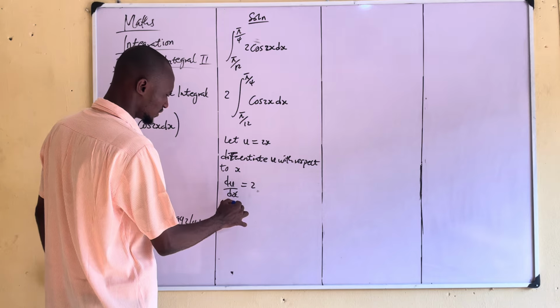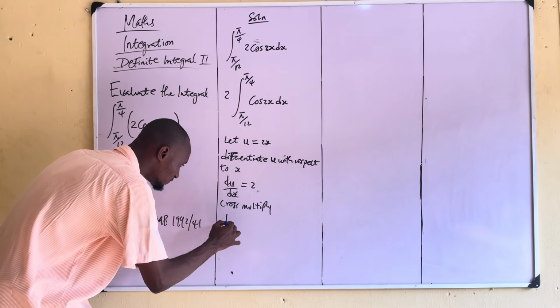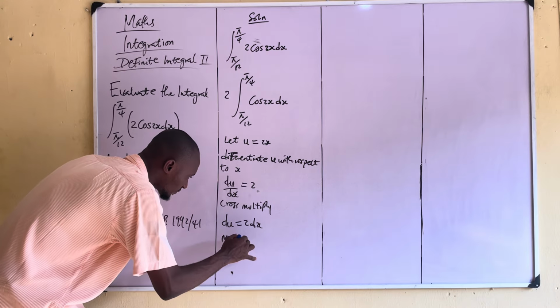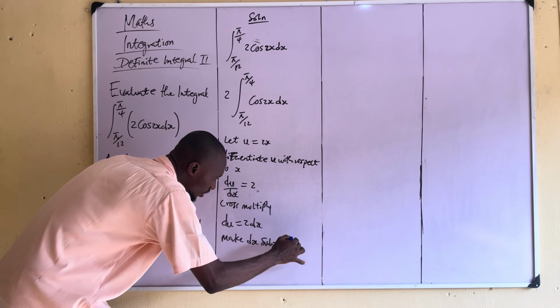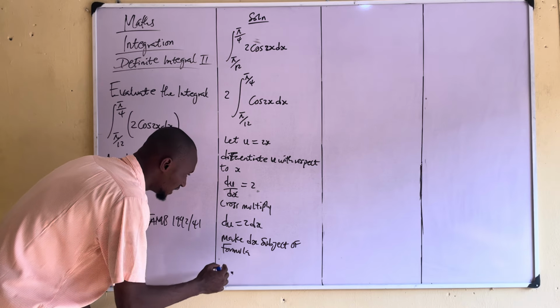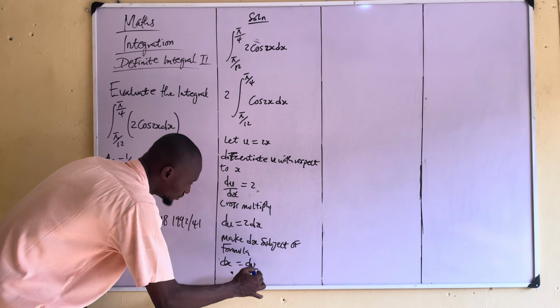Cross multiply, and you have du is equal to 2 dx. Make dx the subject of the formula, and you have dx is equal to du over 2.